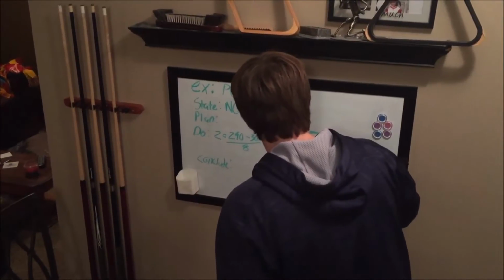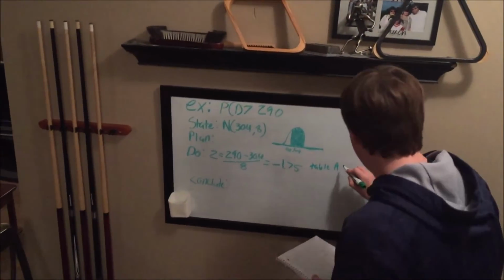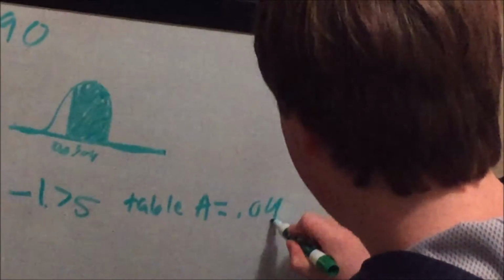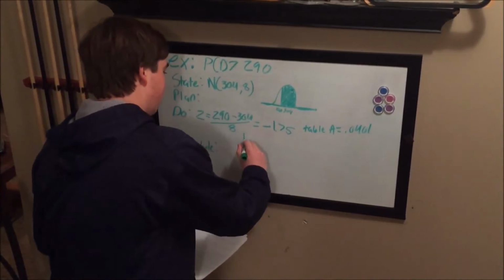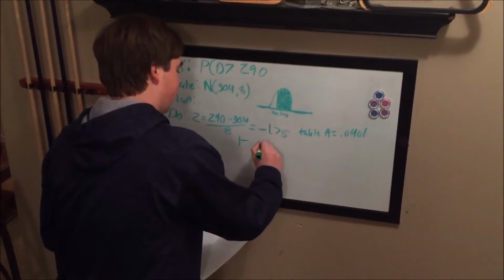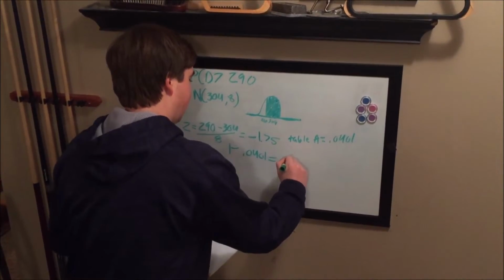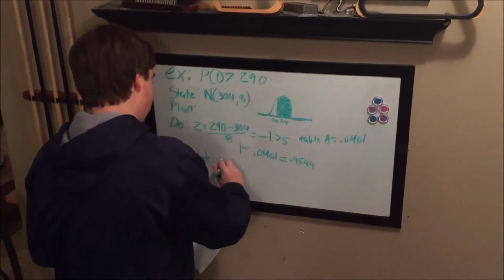Then you go to table A, which equals 0.0401. And since it is greater than, you have to subtract: 1 minus 0.0401 equals 0.9599.